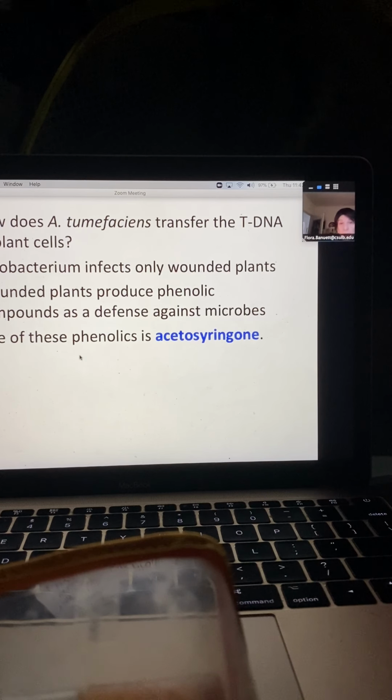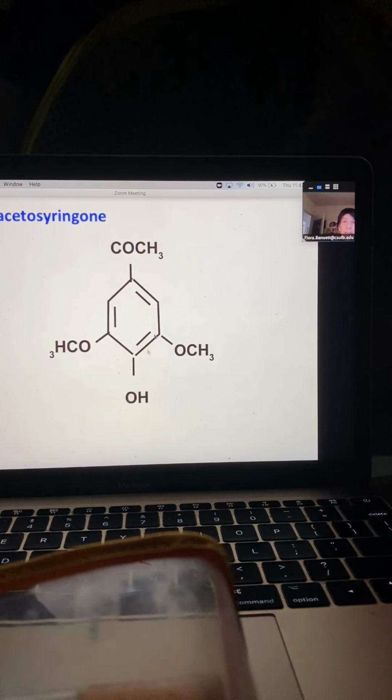So one of the phenolics that is produced is acetosyringone. And let me tell you that this part of this work was elucidated by an undergraduate doing research on this organism. So acetosyringone looks like this, simple, just phenol with these groups here, there's methyl groups, okay?